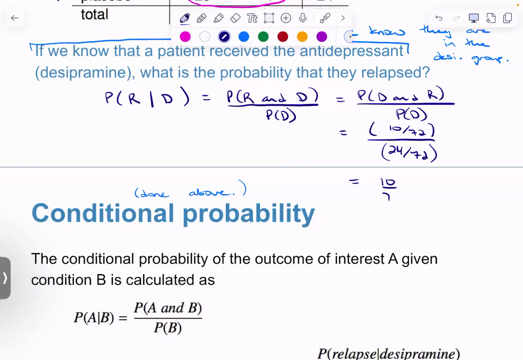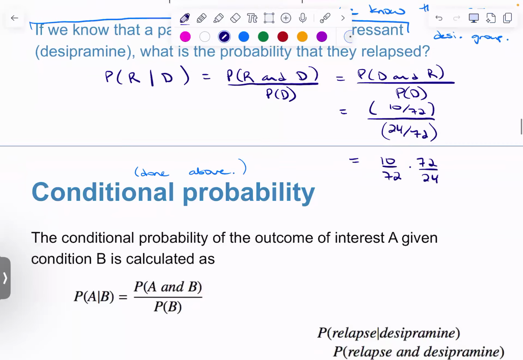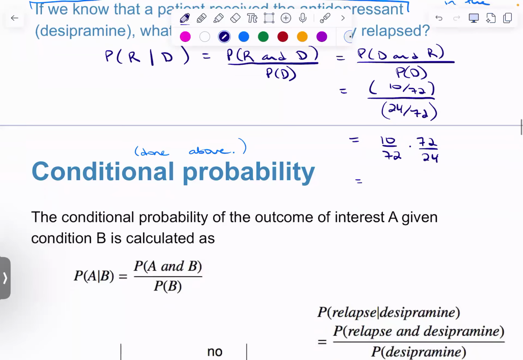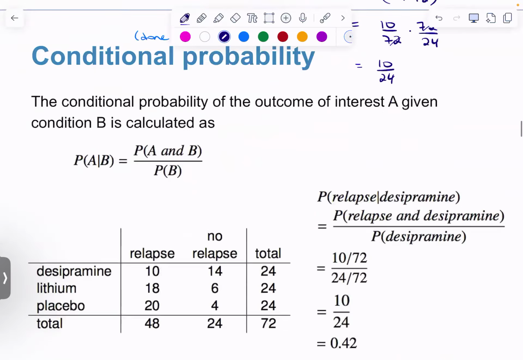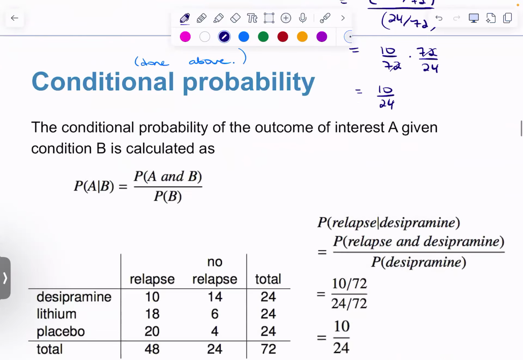So we get 10 over 72 times 72 over 24. And I get 10 over 24, which is probably still nothing nice. It's not. .416 repeating.